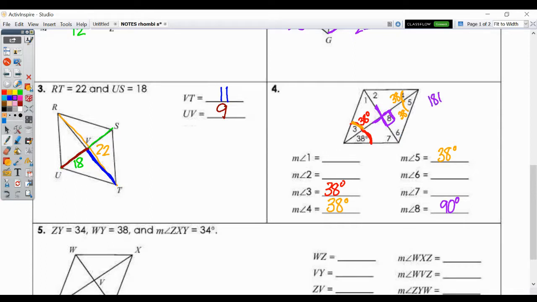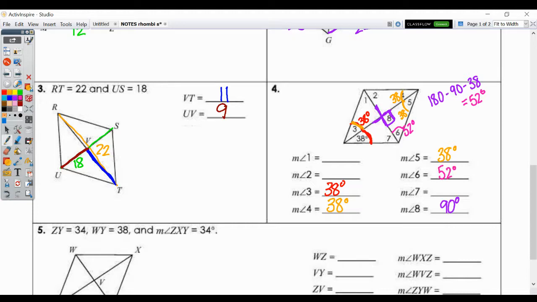So I should be able to do 180 minus 90 minus 38 for angle 6, and I'll get 52 degrees. So that means that angle 6 is going to be 52 degrees.